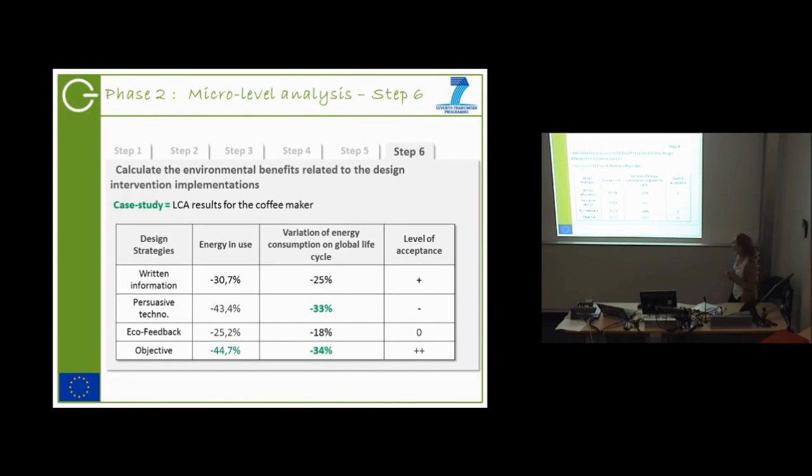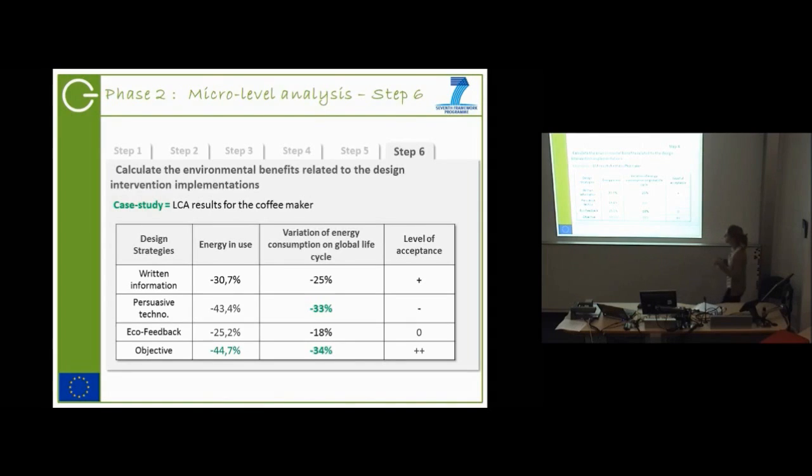But we can see that for each of the strategies, here is the energy gain in use that we observe, which is, for example, minus 30% for return information or minus 44% for the objective. But if we balance these energy gains in use with a global life cycle vision, we have only a gain of minus 34%, for example, for the objective strategy.